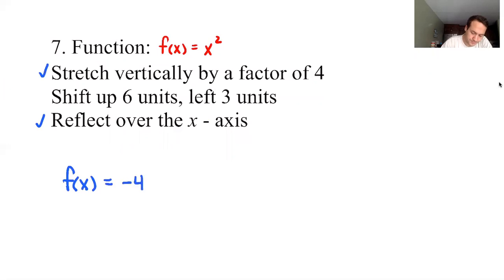I want to take care of the shifting left 3 business. So that's going to be x plus 3 on the inside of parentheses. And then don't forget your squared symbol. Again, there's a squared symbol here, which means we need our squared symbol. Okay. Up 6 means positive 6 on the outside. I've taken care of everything.